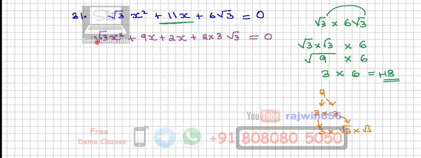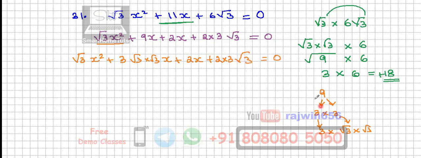So this is going to be written as root 3 x square plus this 9 is written as 3 into root 3 into root 3, and then x plus, all other things remaining the same, 2x plus 2 into 3 root 3 is equal to 0.